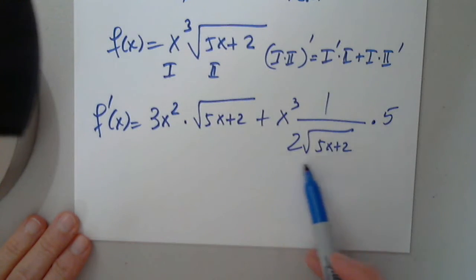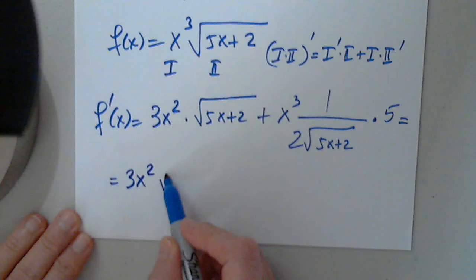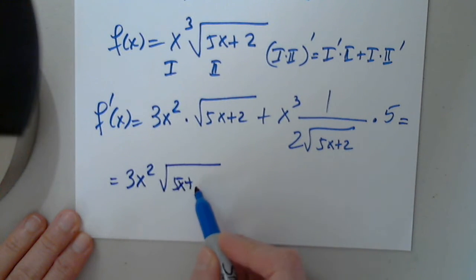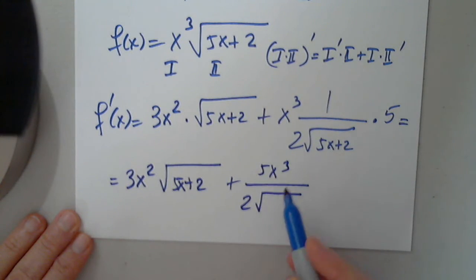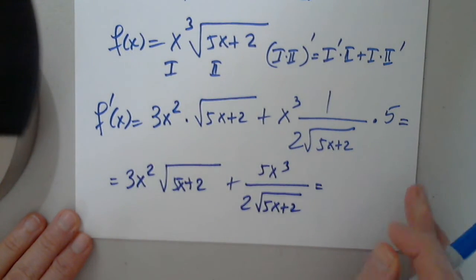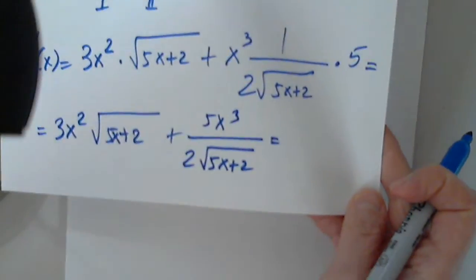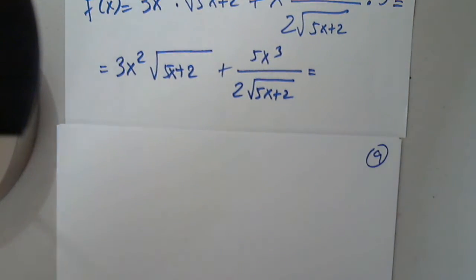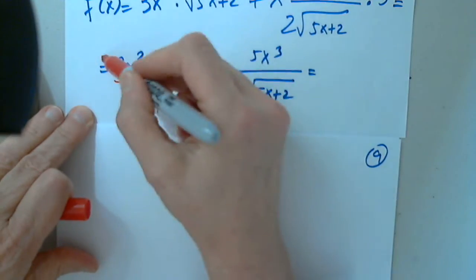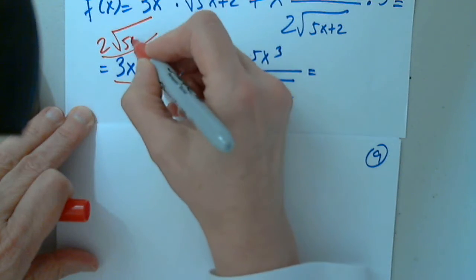I know that the least common denominator will stay as is. You can write one more step if you like. And then plus 5x cubed over 2 the square root of 5x plus 2. You will find that this is the least common denominator, as there is only one denominator there. Since the first term is over 1, all of it has to be multiplied by 2 the square root of 5x plus 2.